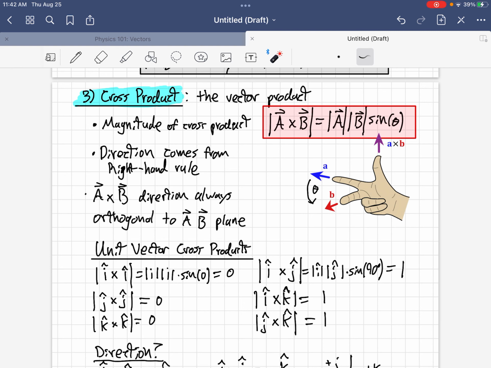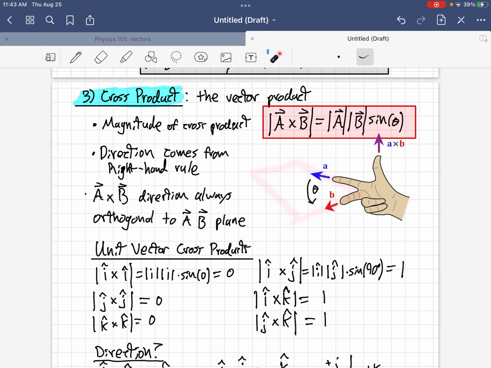Now the direction that that vector is pointing comes from the right-hand rule. So the right-hand rule says if vector A is the vector out in front, you point your index finger in the direction of A, you curl your middle finger towards the direction of B, and then your thumb pointing up is going to be pointing in the direction of A cross B. And so you can imagine A and B are creating a plane.